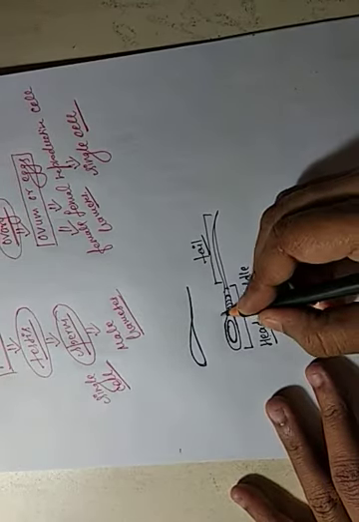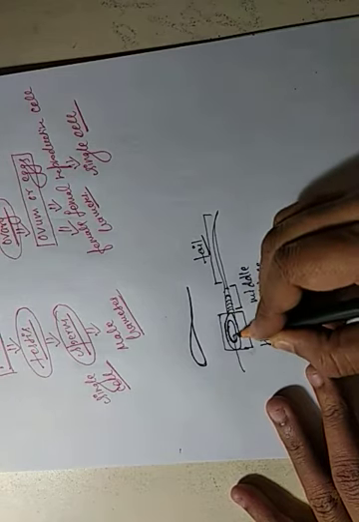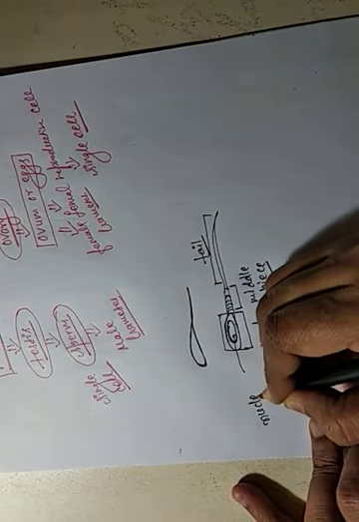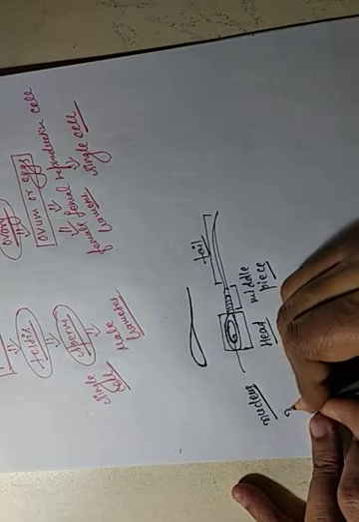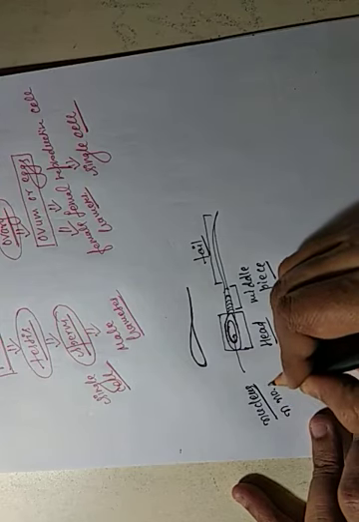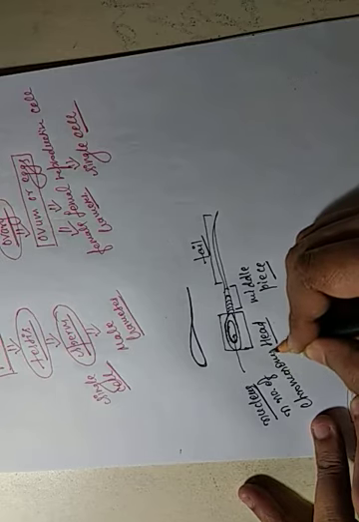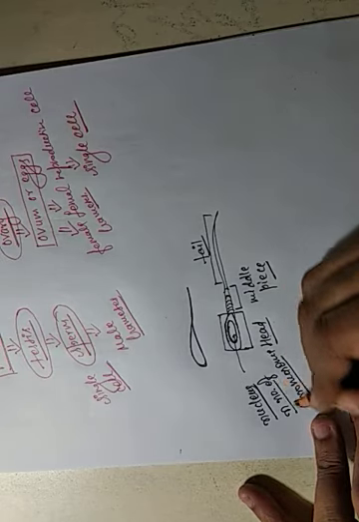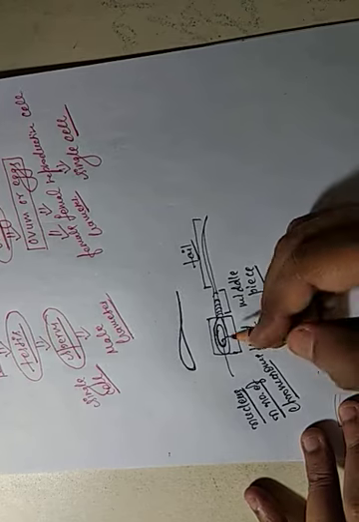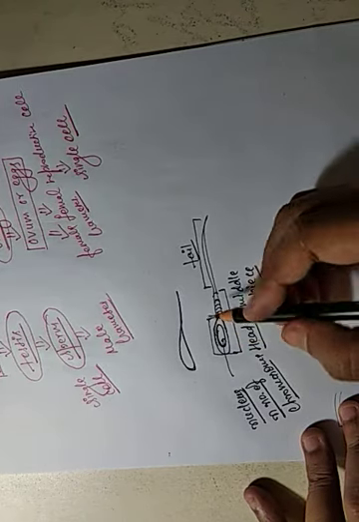In the head part of the sperm, this is the nucleus, which contains n number of chromosomes.